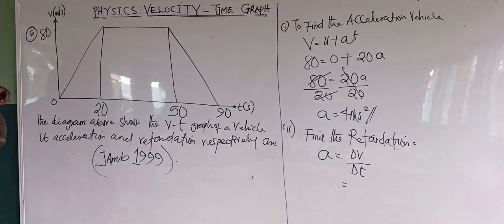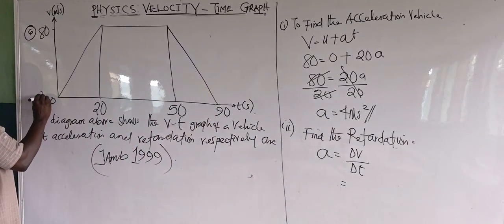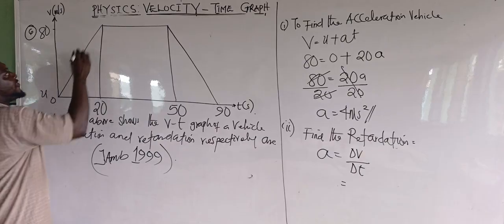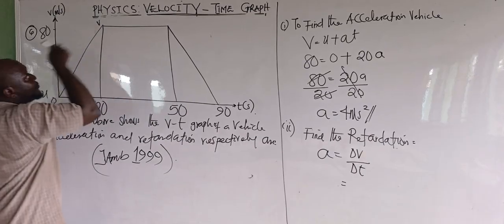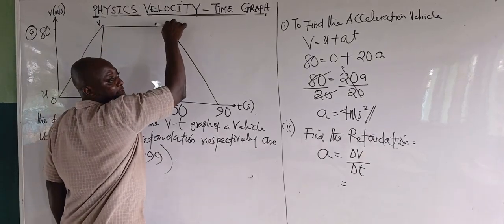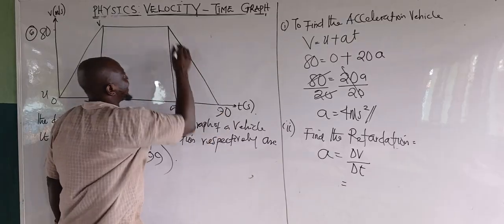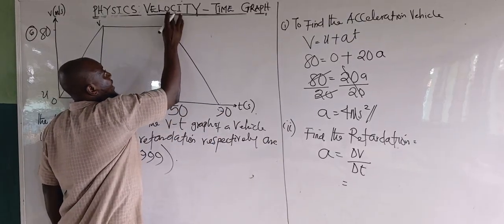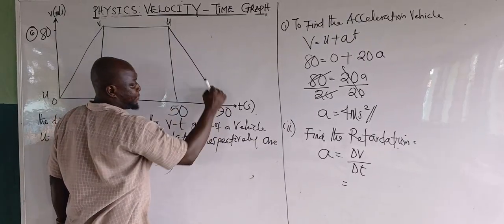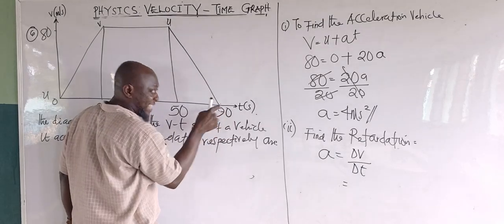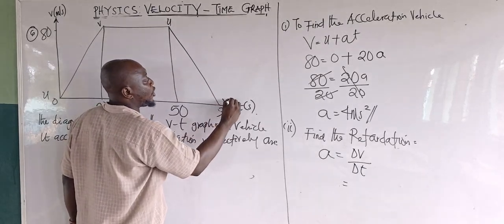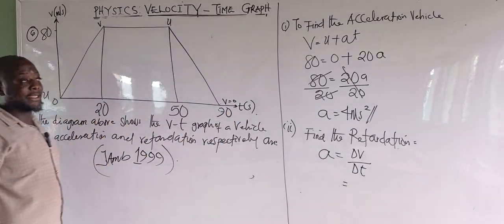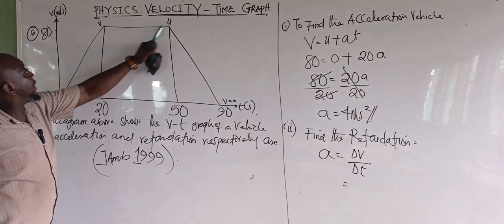So at this point, initially, U is this one, V is this one. But the moment the car comes to this place, before it starts decelerating to rest, it changes. Here becomes my U. At this place where the car drops as it comes to rest, V becomes 0. Don't forget that. So my U becomes this one.